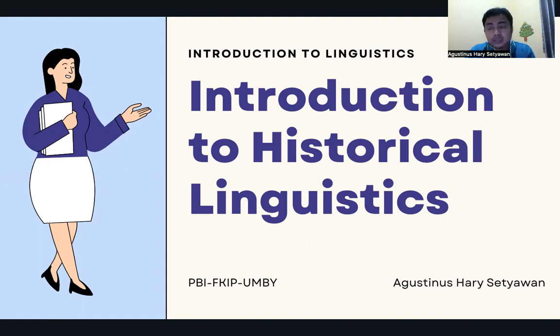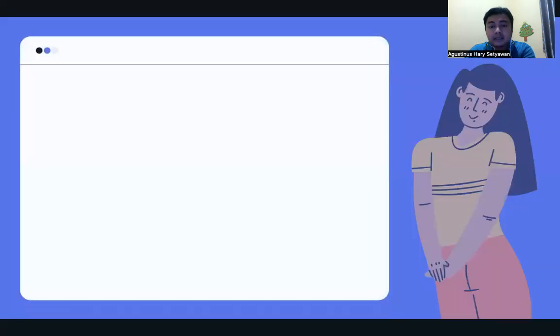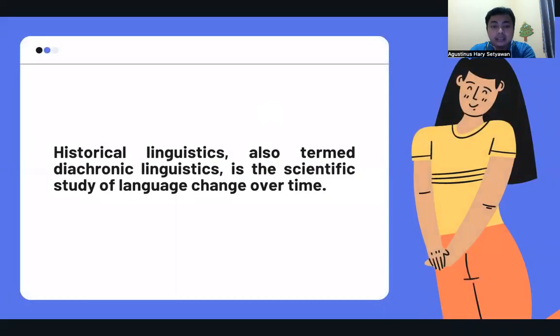It is usually called diachronic linguistics: historical linguistics, also termed diachronic linguistics, is the scientific study of language change over time.